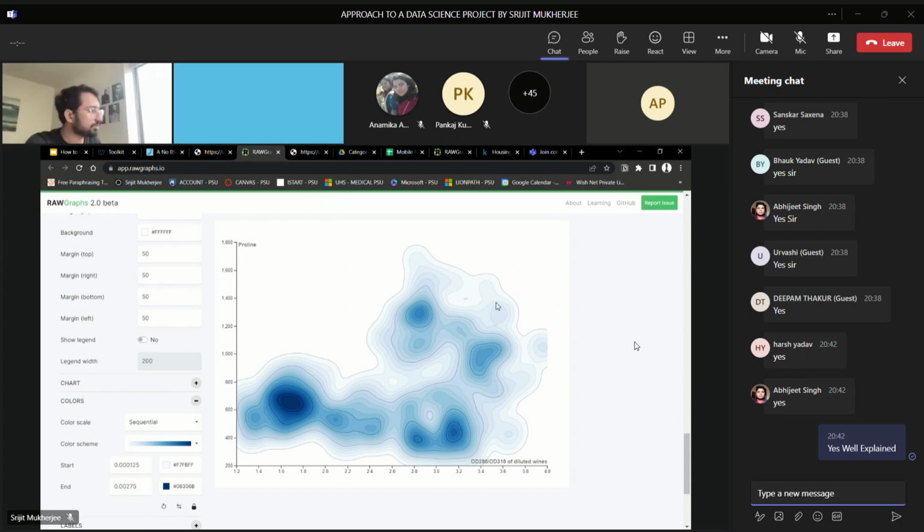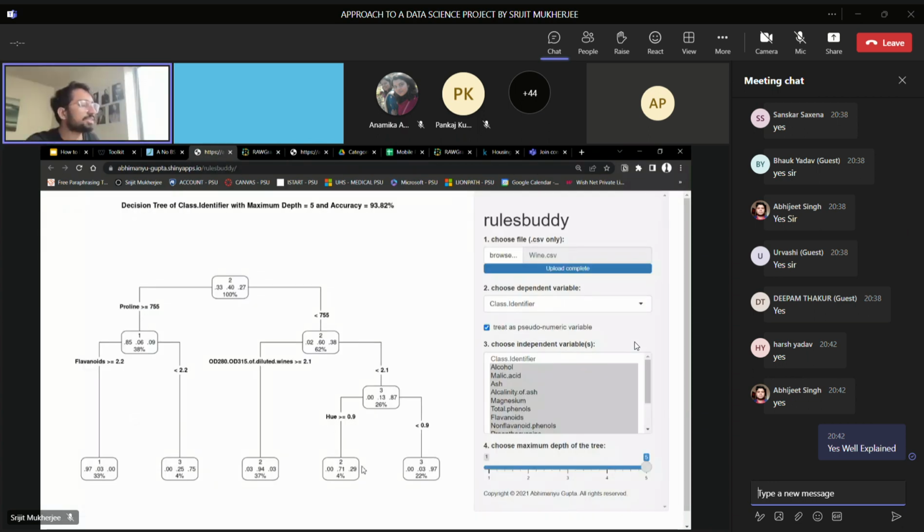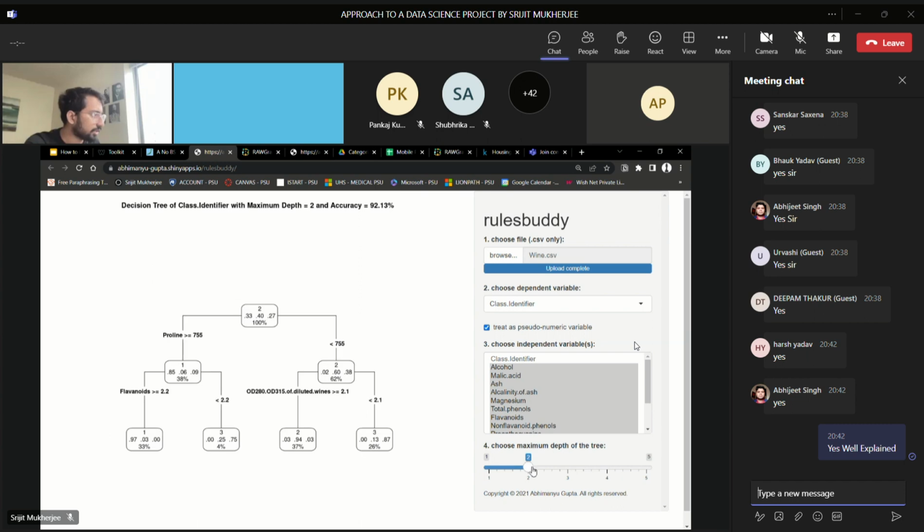So this entire region is 2. This entire region behavior is for cluster 2. For less than this, it's mostly 3. You can see it's just 4% of 2. For less than this, it will mostly be 3.